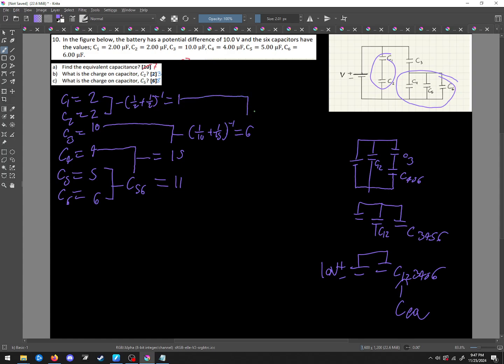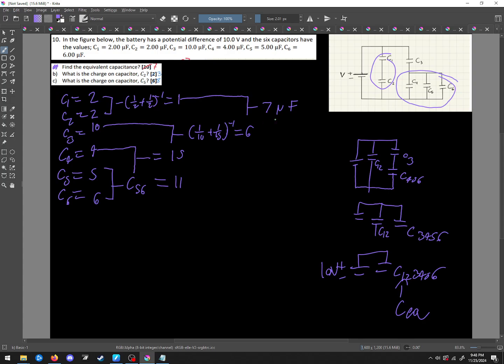And now these are parallel, so the equivalent capacitance should be 7, not microcoulomb, microfarad. And this is a very sloppy way of doing this, but it's how I got my ideas across this time. I've never done it this way before, so I apologize for that. And so that's A.